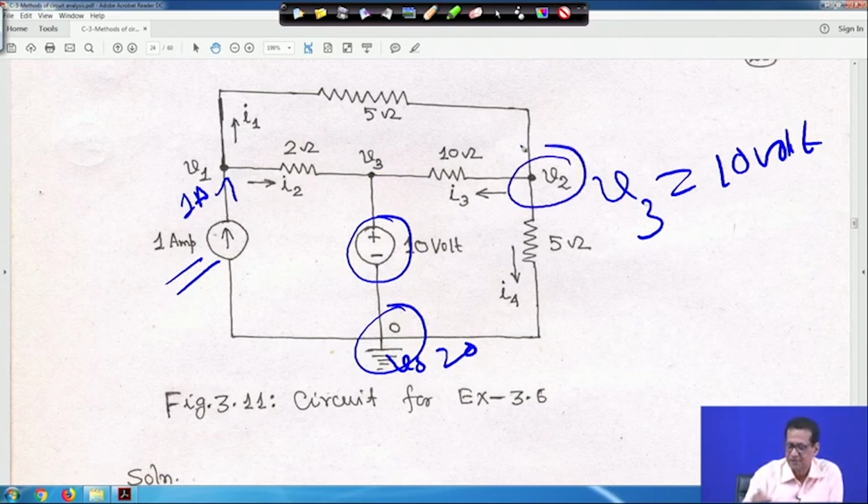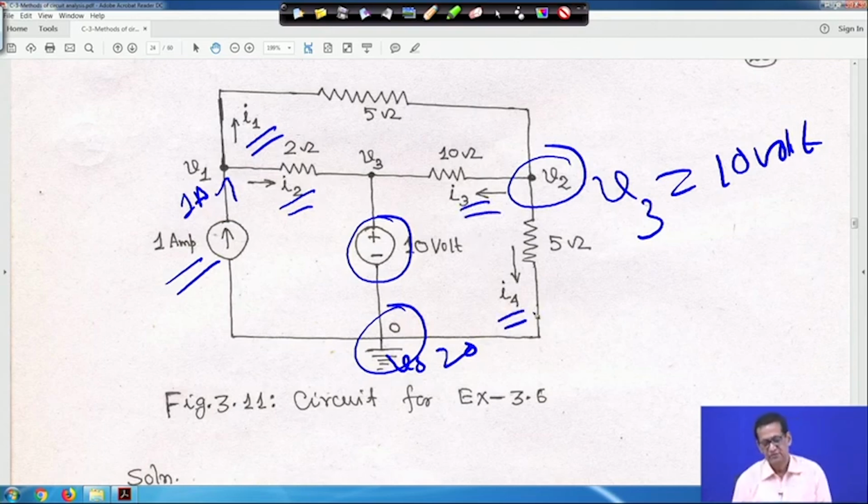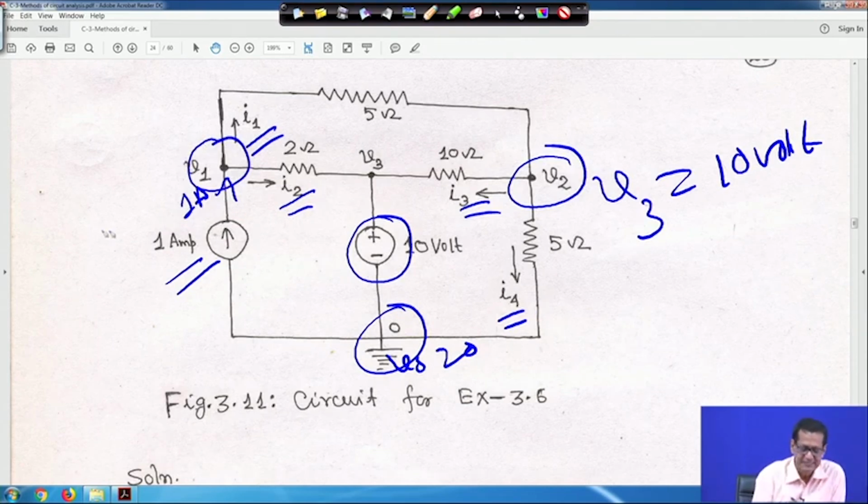Another is V2, and these are the currents I2, I1, I3 and I4. If you apply KCL at node 1, 1 ampere current is entering, so 1 is equal to I1 and I2 leaving the node.